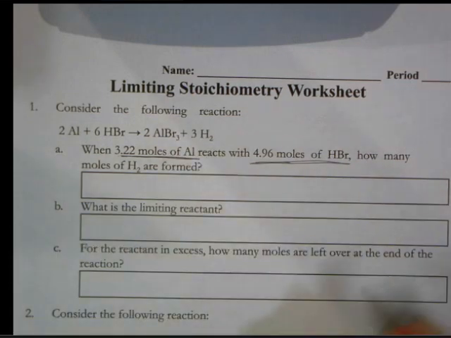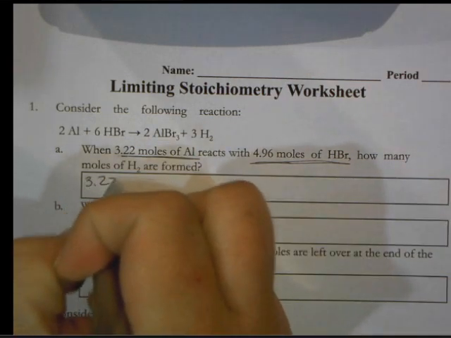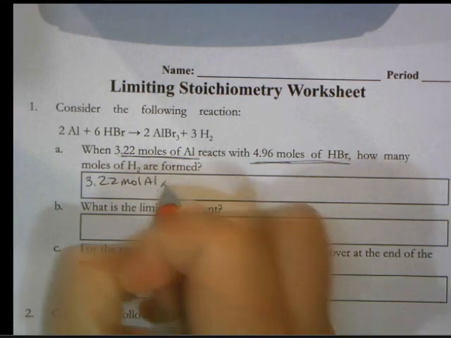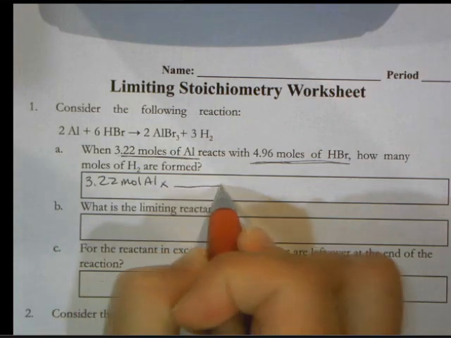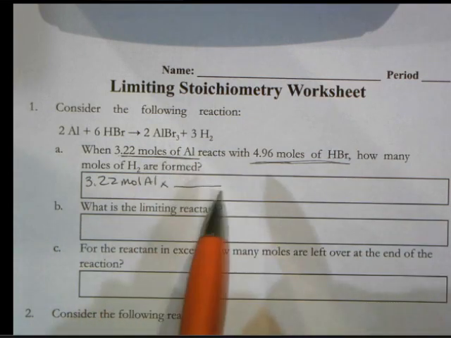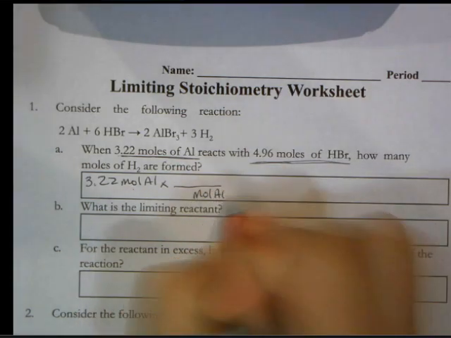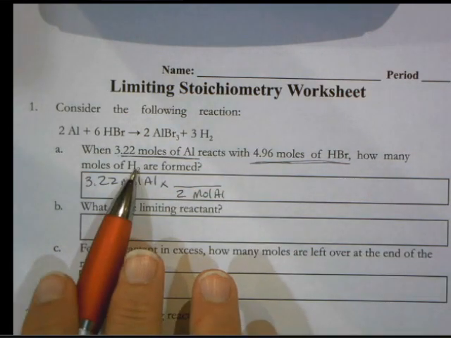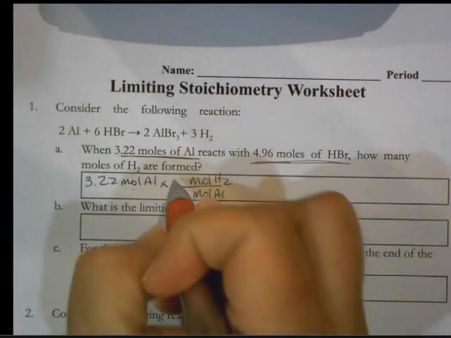So if we start with, and thank goodness we're staying in moles, right? We don't have to worry about molar mass. So we're going to have 3.22 moles of aluminum, and we want to go to moles of hydrogen. We're going to need our molar ratio here because we're starting with moles. So we have moles of aluminum, 2, and we want to go to moles of hydrogen, 3.